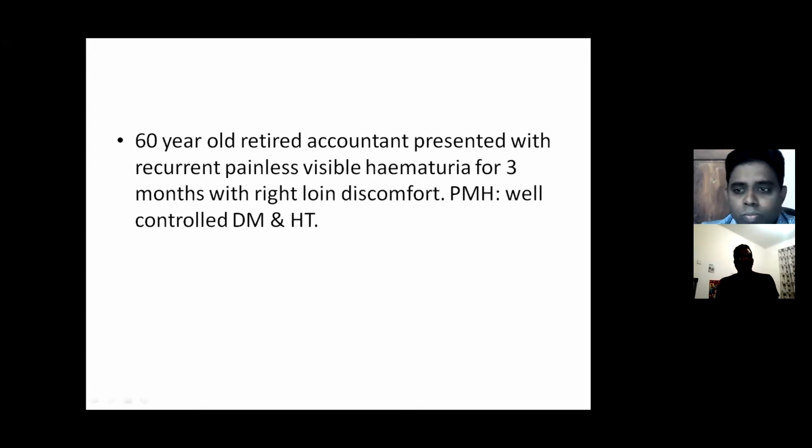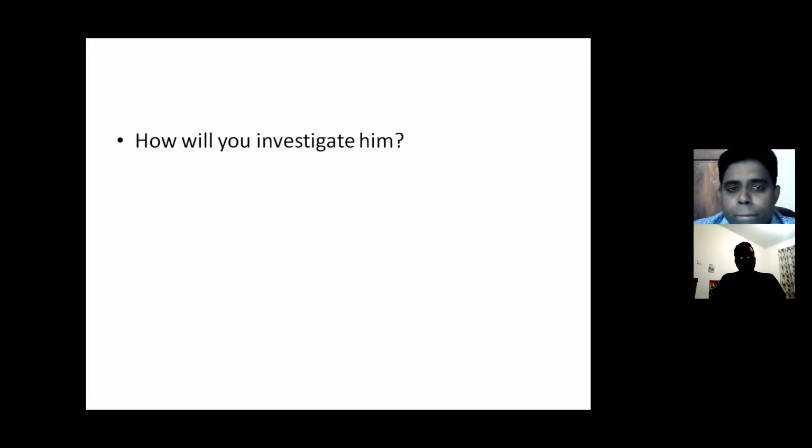So, a 3-month history of visible hematuria with a past history of diabetes and hypertension. I will start the investigation with a focused urological history, examination and investigation. History will be targeting risk factors and possible complications of renal or upper tract urothelial cancer, such as smoking, past history of smoking, occupational exposure, any past history of chemotherapy, and any complication because of the tumor, local as well as metastatic complications to brain, lung, or bone.